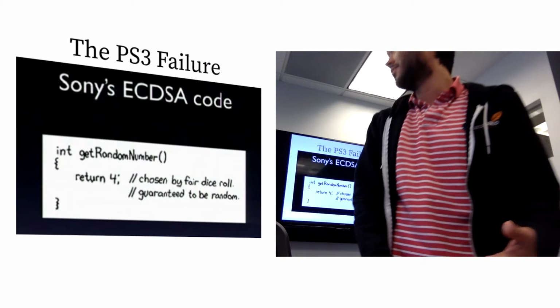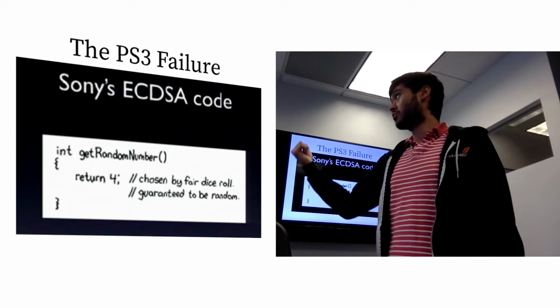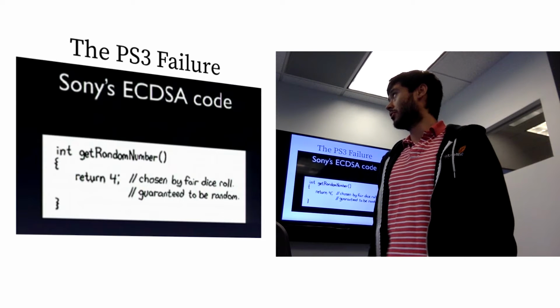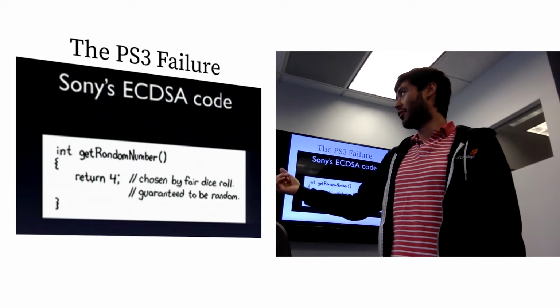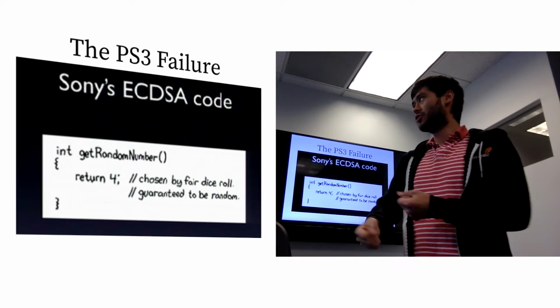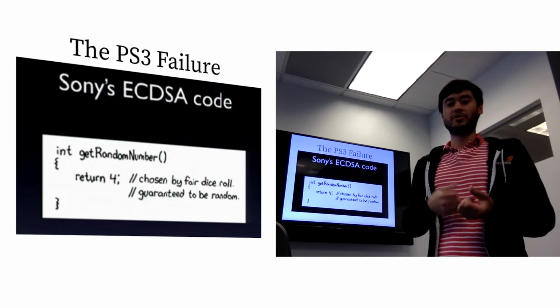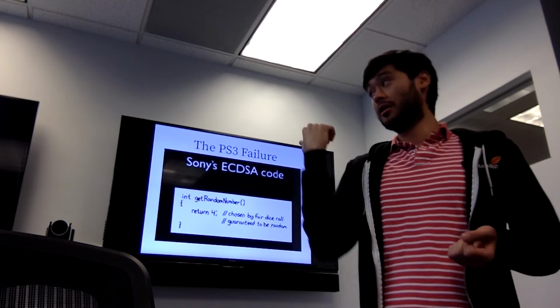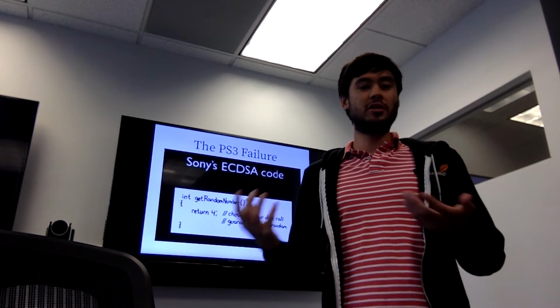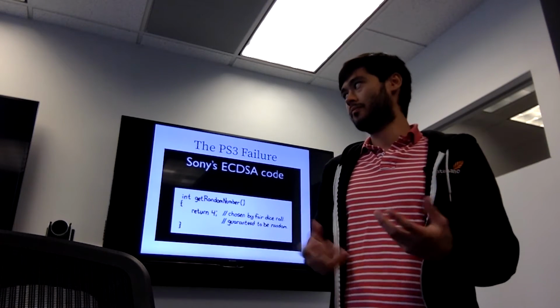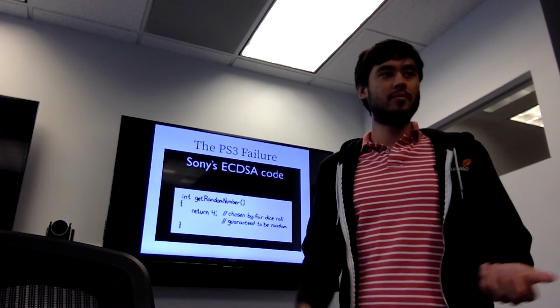But worse than that, if you reuse the nonce even twice, that's what the PS3 people learned. There was a team of researchers that reverse engineered the PS3 and found that when they were signing stuff with ECDSA, when they were generating the ephemeral keys, they were actually generating the same number every time.